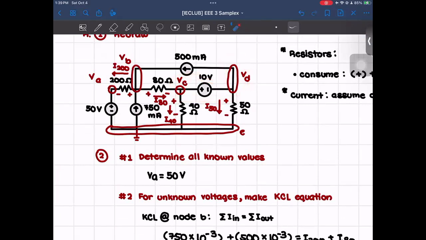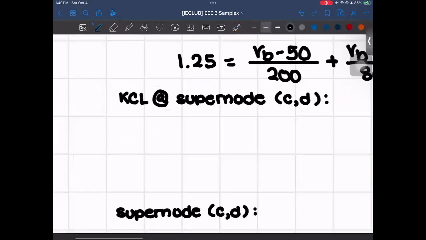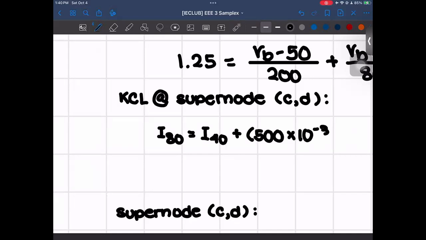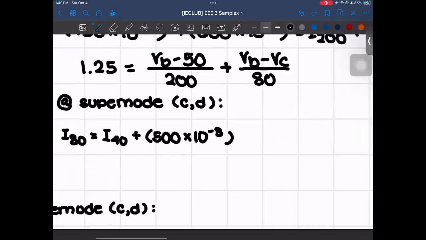Doing a similar process of summation of current in equals summation of current out, the one going into this whole supernode would be I80, and the ones going out are 500 mA, I50, and I40. So I80 is equal to I40 plus 500 times 10 raised to negative 3, then plus I50.